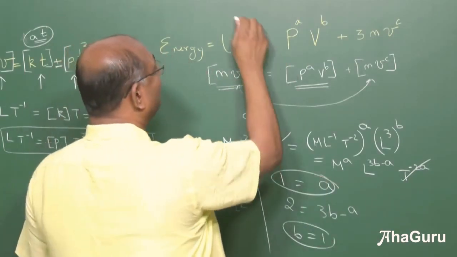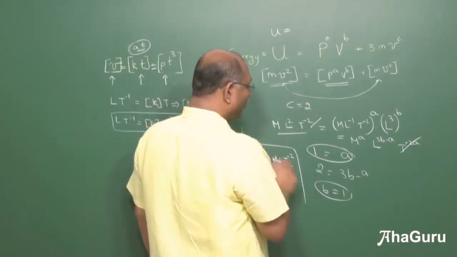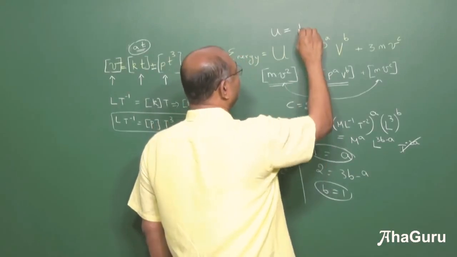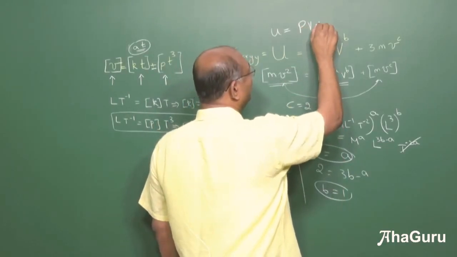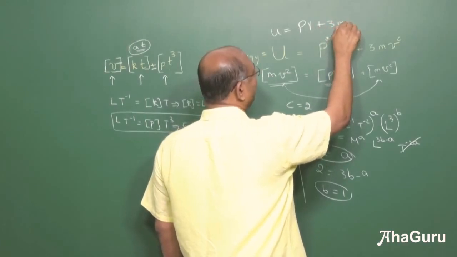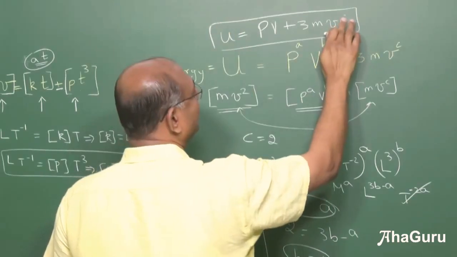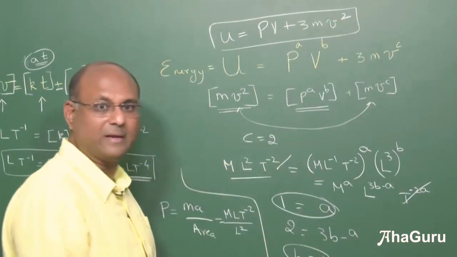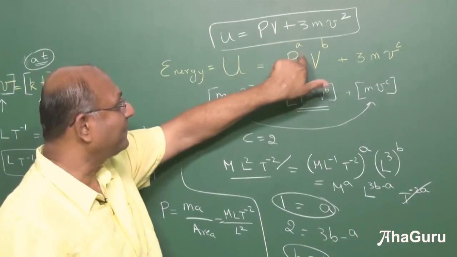So that means I can complete this formula and write U is P power 1, V power 1, which is PV, plus 3m speed square. Right?